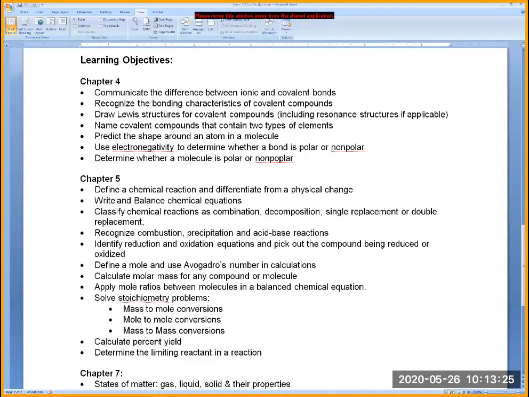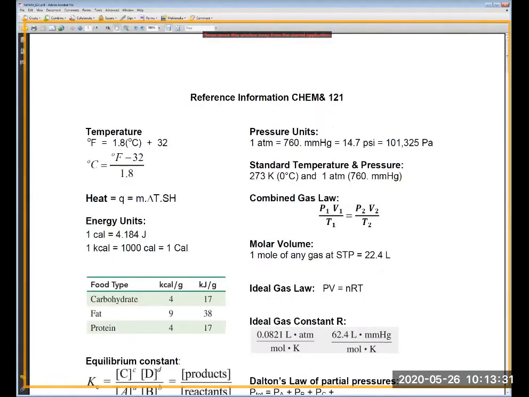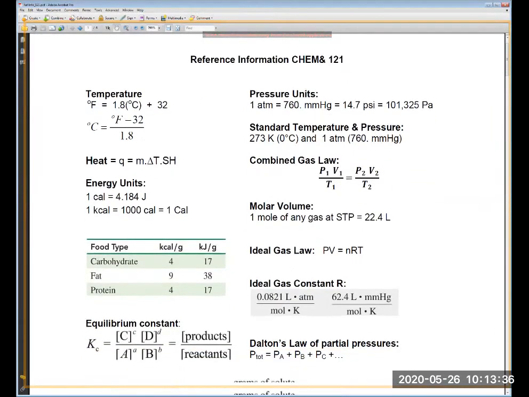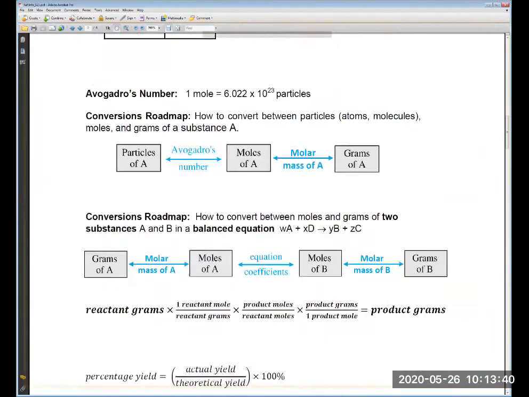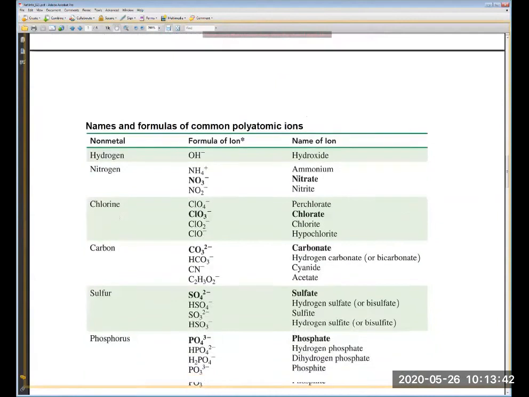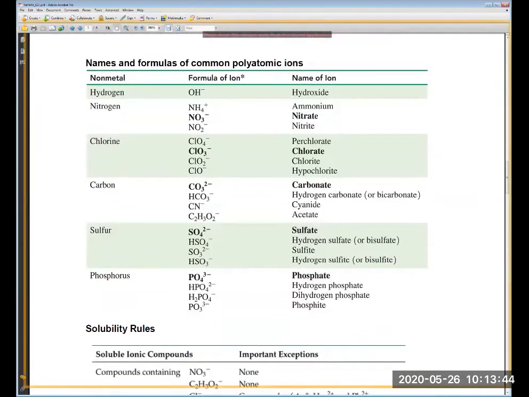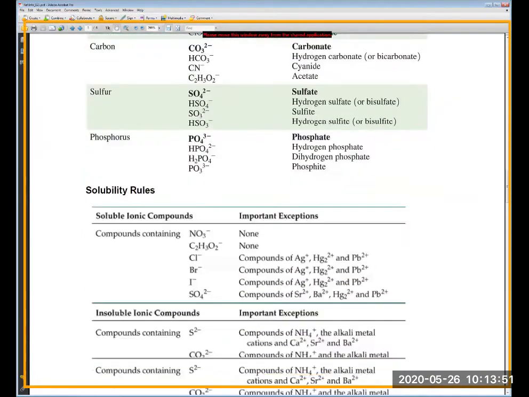If, for example, you forgot, you can always go to the reference information. If you go to the very last page, it is good to have under your eyes the names and formulas of common polyatomic ions.